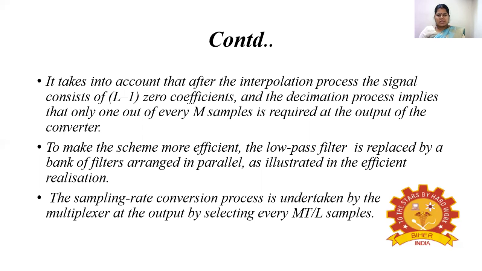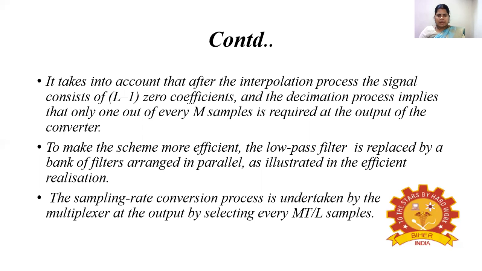To make the scheme more efficient, the filter is replaced by a bank of filters, that is, polyphase filters that are arranged in a parallel way so that we can attain an efficient realization.